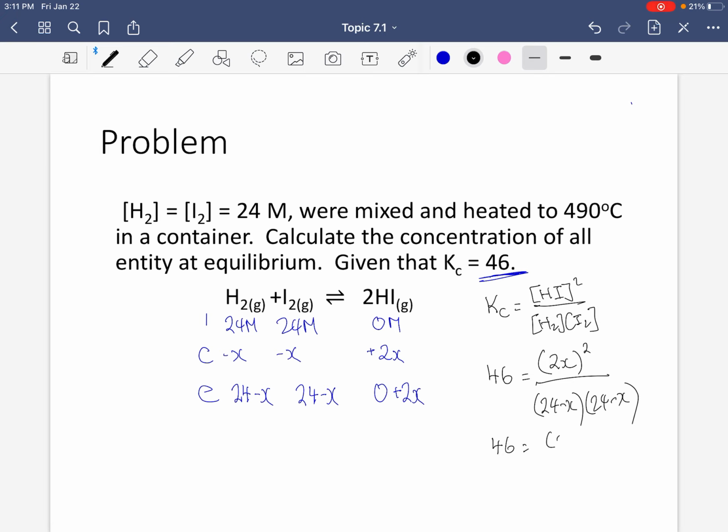Isn't this the same thing as saying this? Right? And isn't this the same thing as saying this? Right?